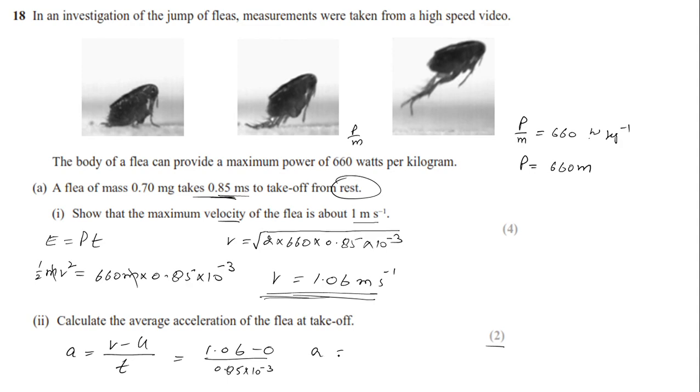So acceleration would be equal to 1246.17. You can round it off and say acceleration is 1250 meter per second squared. This is the acceleration of the flea.